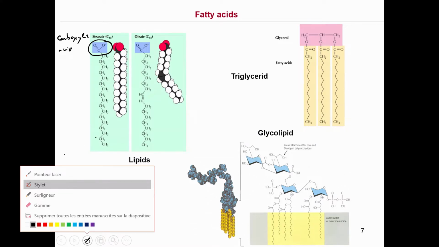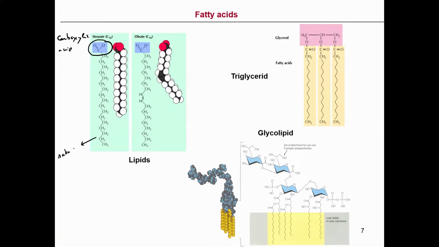You have something saturated, meaning without any double bond, and when you have a double bond, it's what we call unsaturated. So you have two kinds of fatty acid, the saturated one and the unsaturated one. Okay?